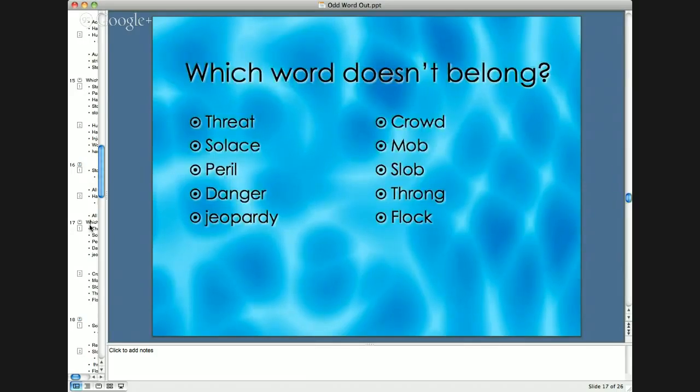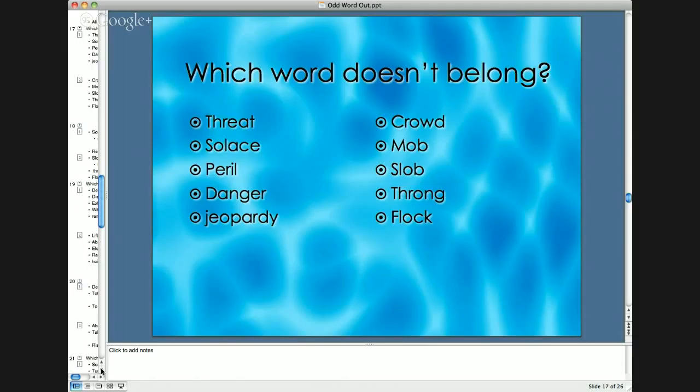Threat, solace, peril, danger, jeopardy. Which one is it? Well, we know danger, right? Danger is not a good thing. It means that harm could potentially come to us. We're not safe. It's the same with jeopardy. To be in jeopardy means to be in danger.